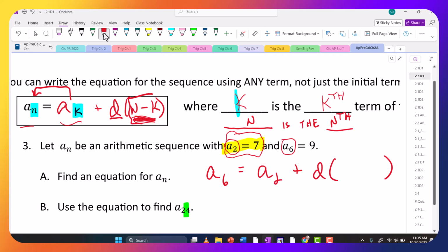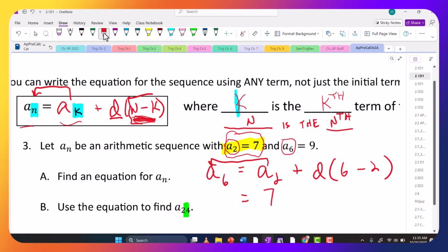So this formula right here, how far is it from the second term to the sixth term? How many terms is that, everybody? 4. That's why here it will be 6 minus 2, which equals what, everyone? 4. Understanding is better. All right, I pause for dramatic effect.